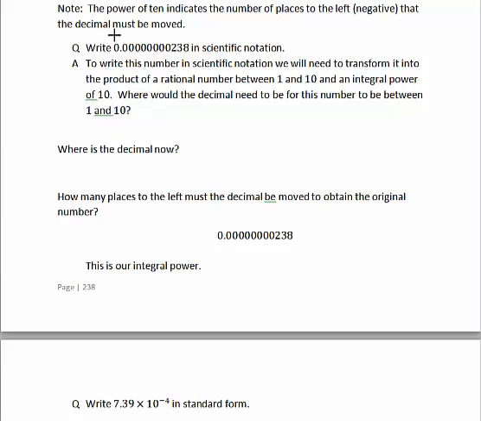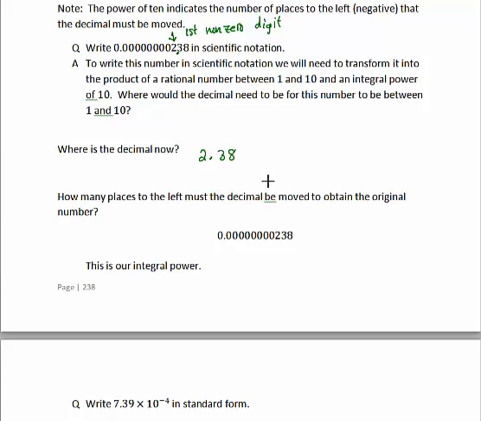So when we start from the left of the number and we go to the right, the first non-zero digit we run into is the 2. And so we want the decimal point to go right behind the 2. So this is our base, 2.38.